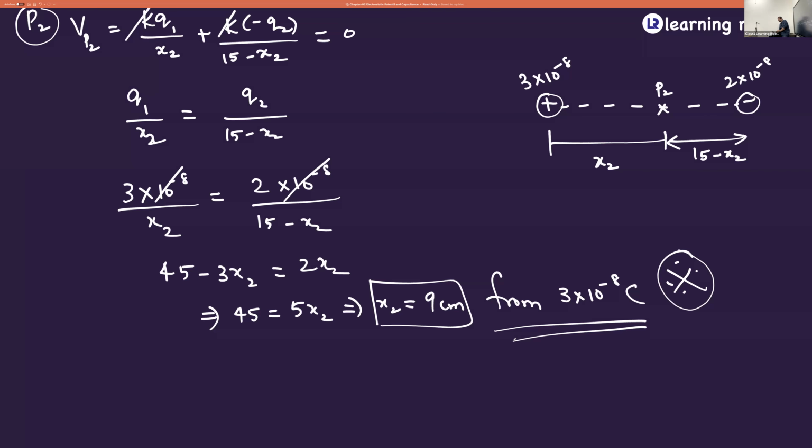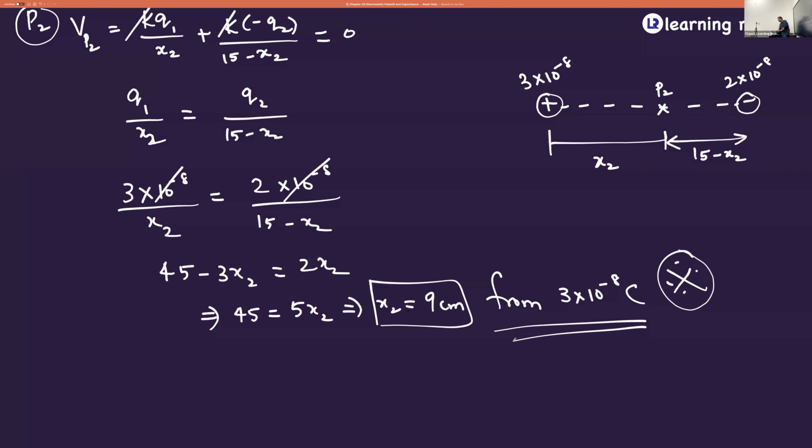Then K and K will get cancelled. Q1 divided by 15 plus x3 will be equal to Q2 divided by x3. What is Q1? 3 into 10 power minus 8 divided by 15 plus x3 is equal to 2 into 10 power minus 8 divided by x3. 10 power minus 8 and 10 power minus 8 are gone. 3x3 will be equal to 30 plus 2x3.